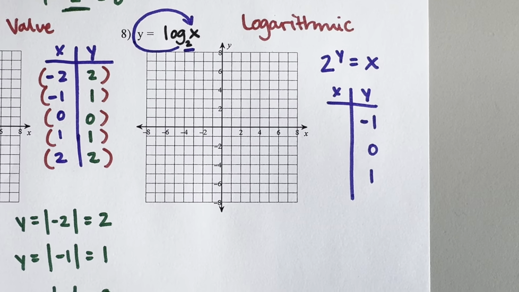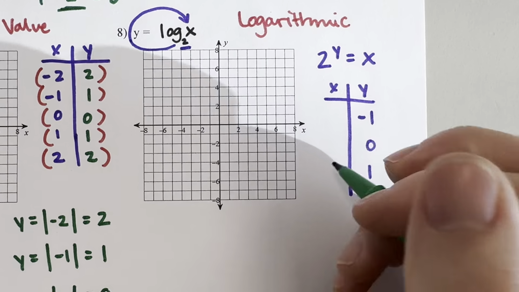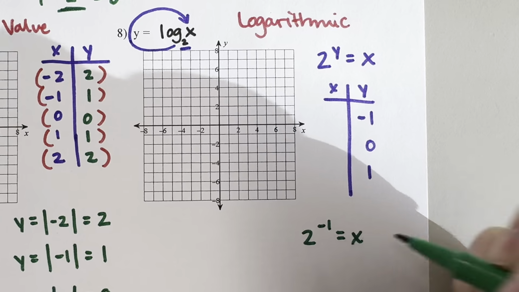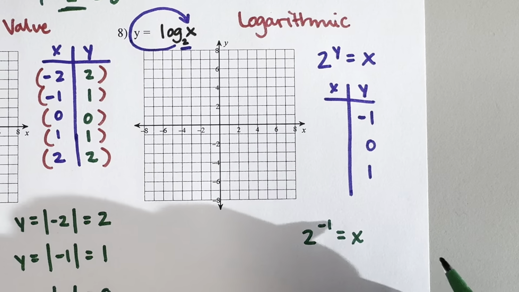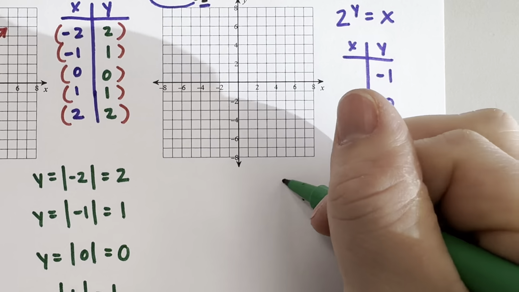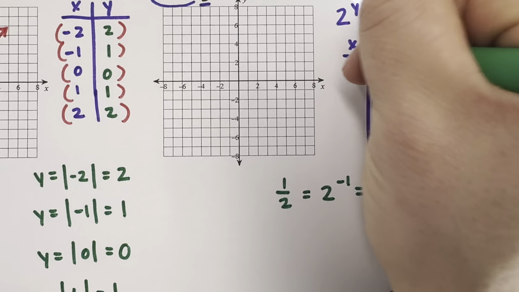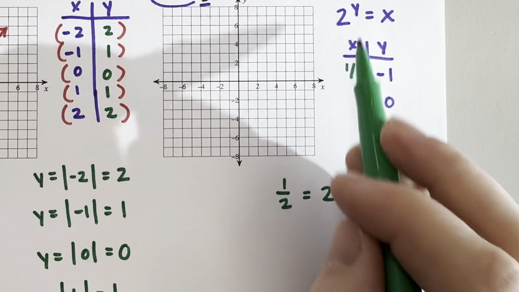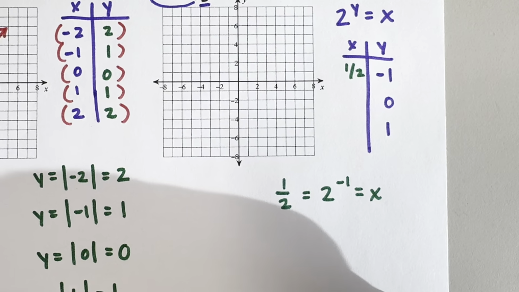Okay, well, let's see what we get. So if I have 2 to the power of -1 to give me my x, well, what is that going to be? We know that we can never have a negative exponent. Changes it to a fraction, 1/2. So when I plugged in -1 for my y, I get 1/2 for my x.